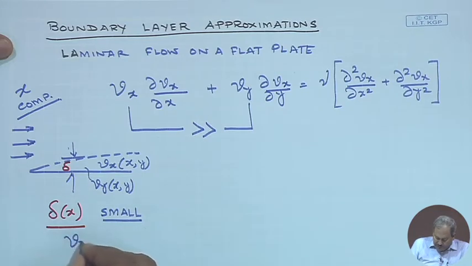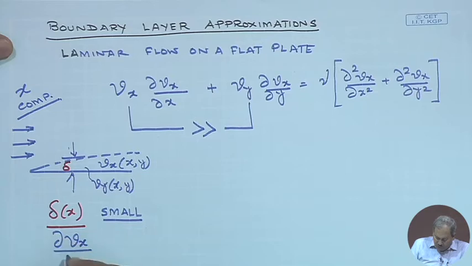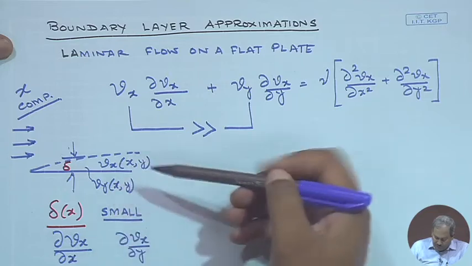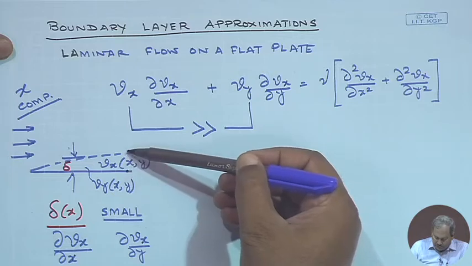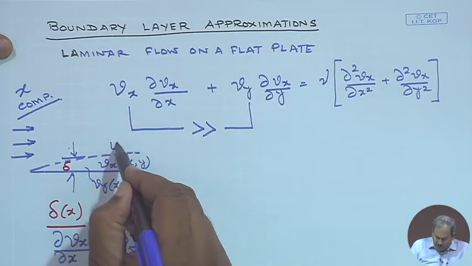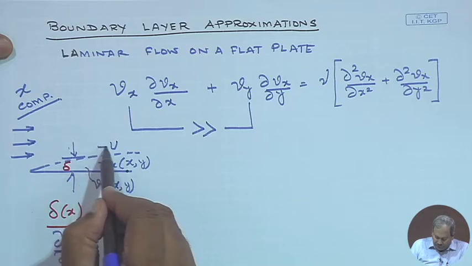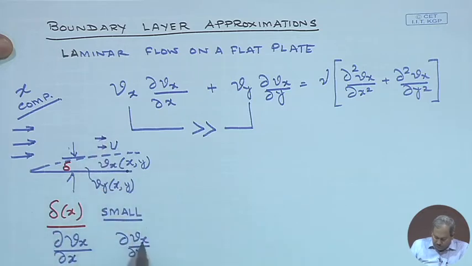So, considering the variation of Vx with x and the variation of Vx with y, Vx varies from 0 at the solid-liquid interface to a value equal to u, where u is the free stream velocity. So, Vx changes from 0 to u over a small distance delta.